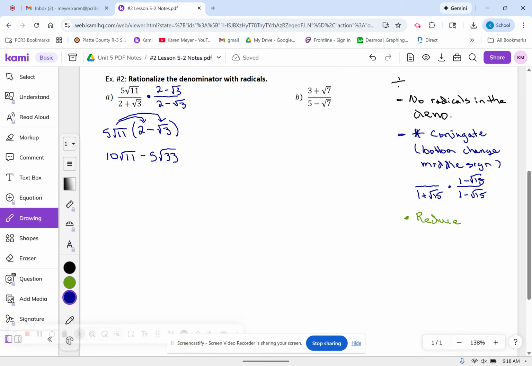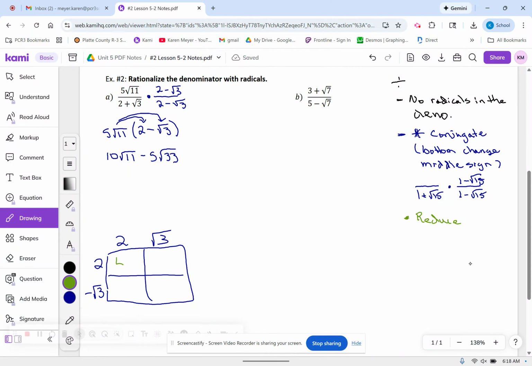Now on the bottom, you have 2 items times 2 items, so that's going to be a box. So down here somewhere, I'm going to make a box. And so I'm going to have 2, square root of 3, 2, and a negative square root of 3.